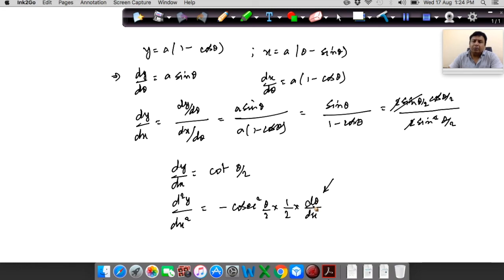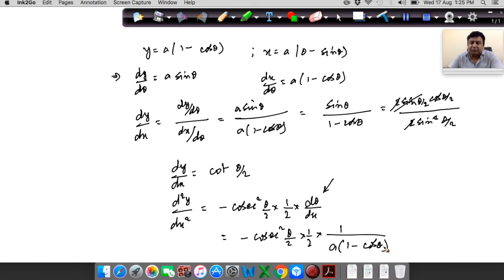So what happens? You put the d theta by dx from here. So you have minus cosec square theta by 2 into half into 1 upon a into 1 minus cos theta, because it's d theta by dx and this is dx by d theta, so the reciprocal of that.